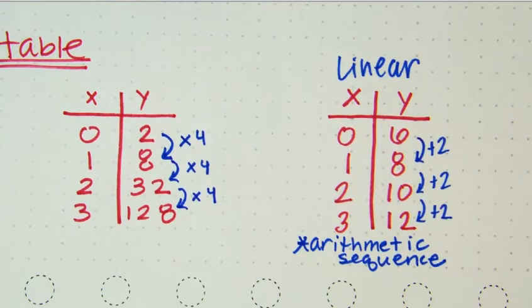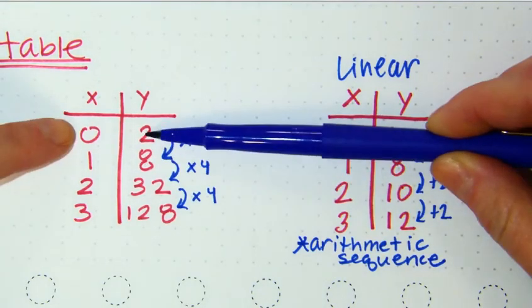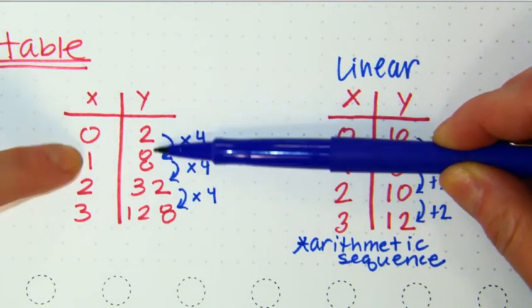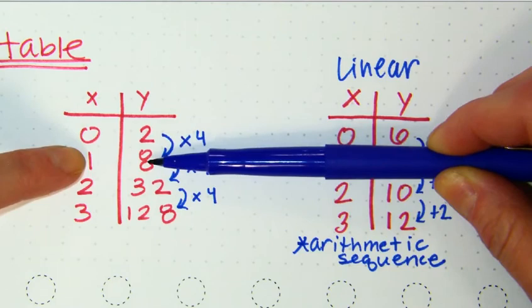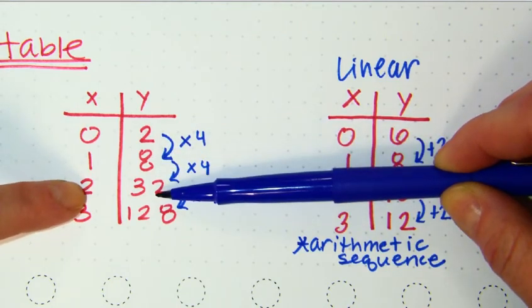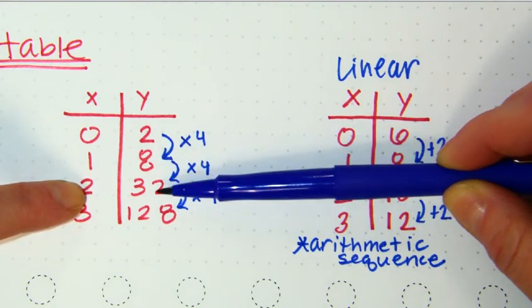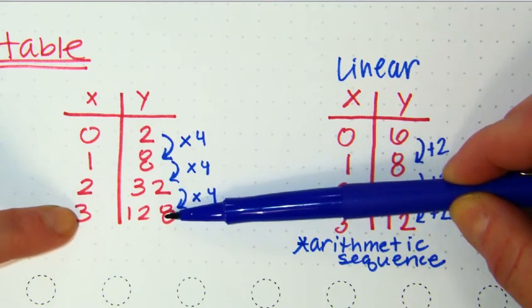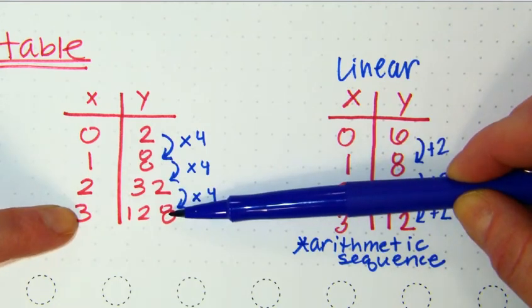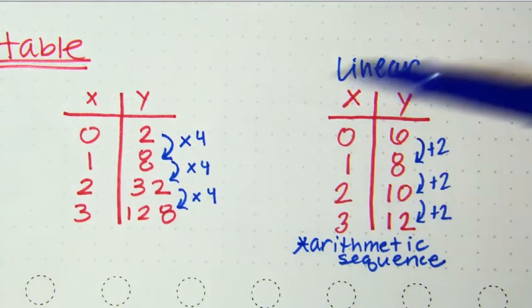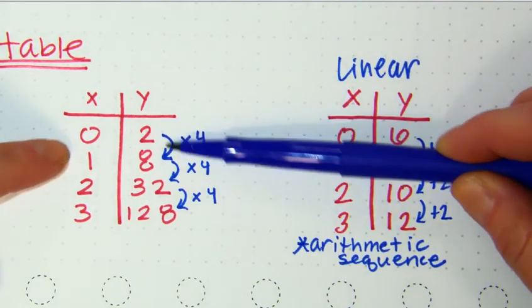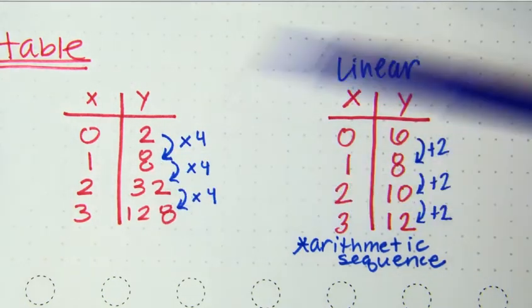However, when we look at the rate of change, so if we look at how the numbers are changing, if I were to get the slope from each set, my slope here would be 6. The next rate of change is 24. The next rate of change is 96. So because my change is changing, it's exponential.